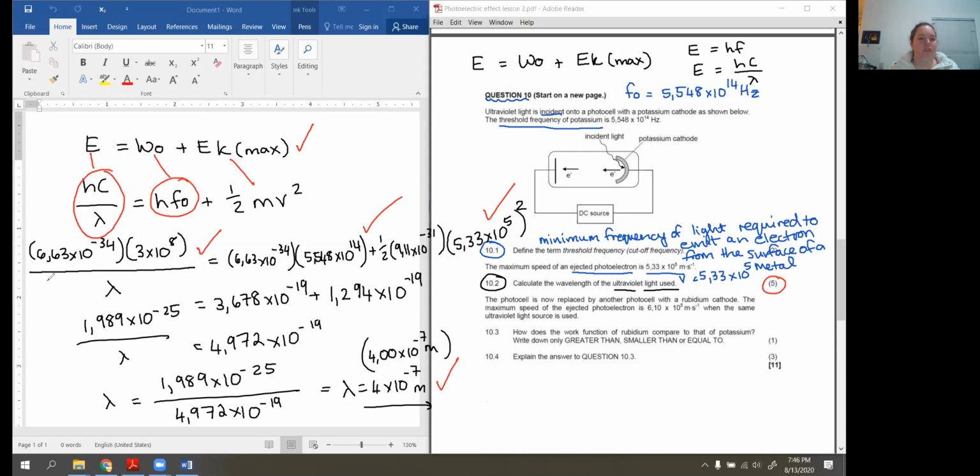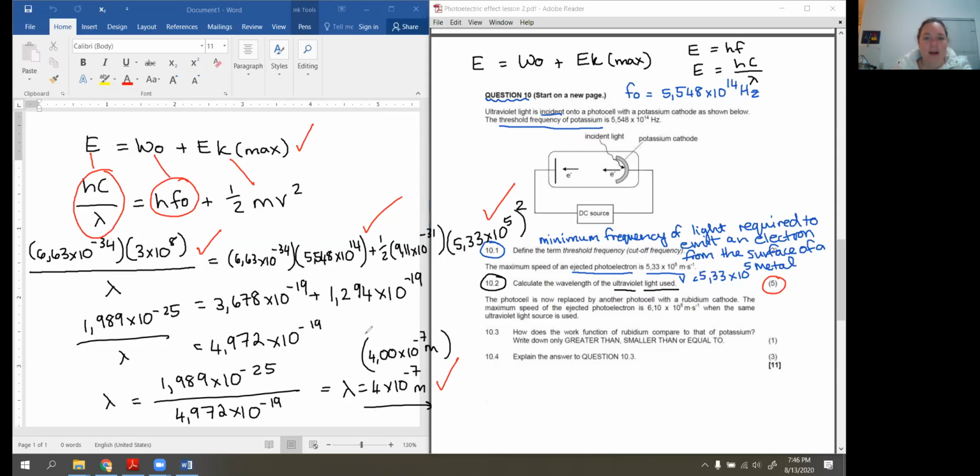So as long as you've shown decent substitution of each of those, even if you do mess up, you can still get 80% of the marks. If you don't show your substitution, then when it's wrong, you don't get any chance marks.